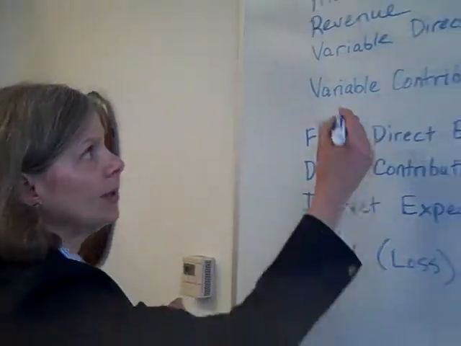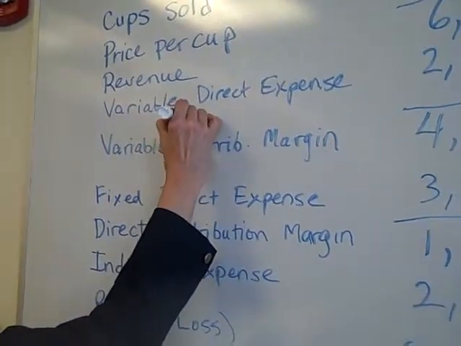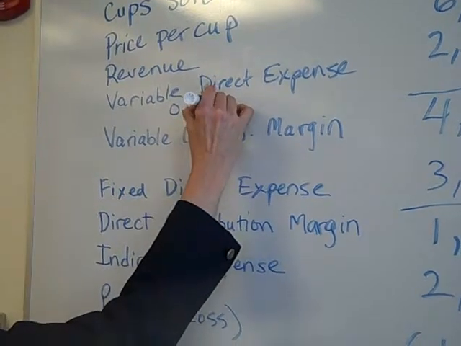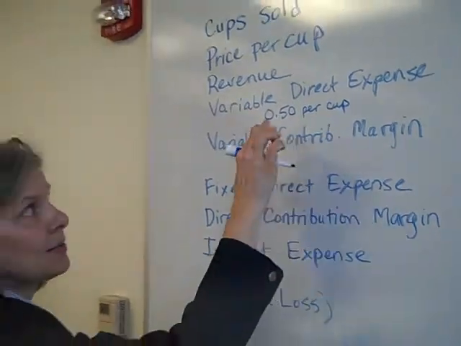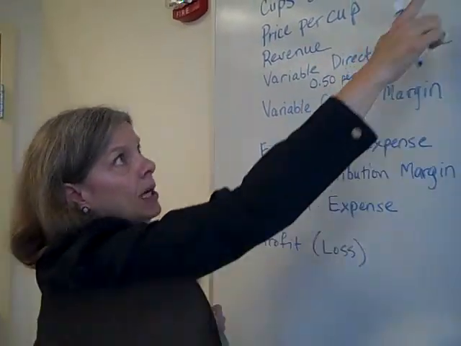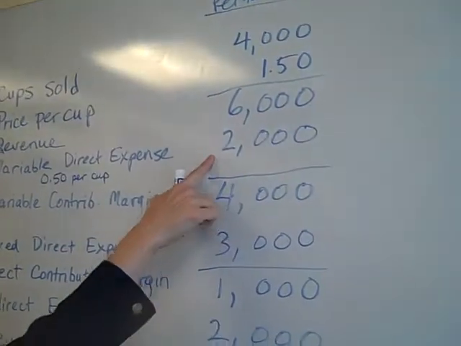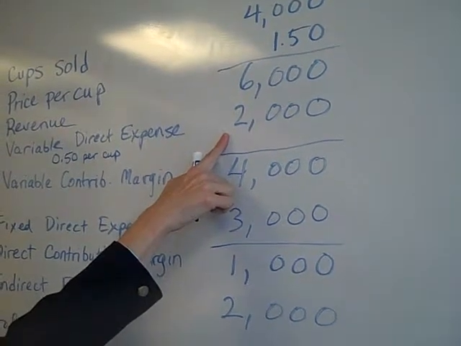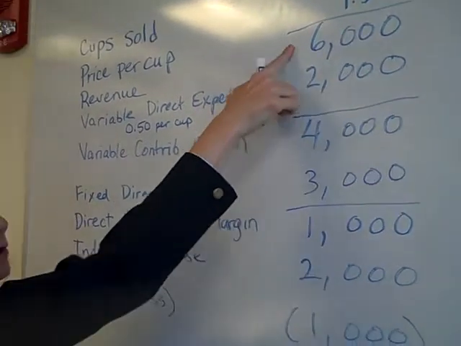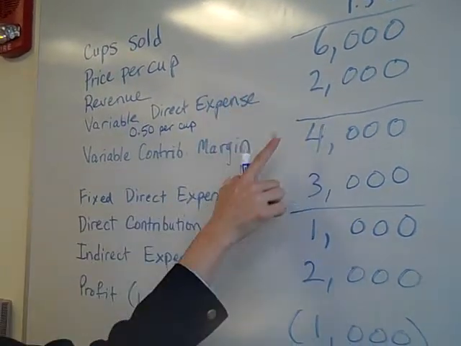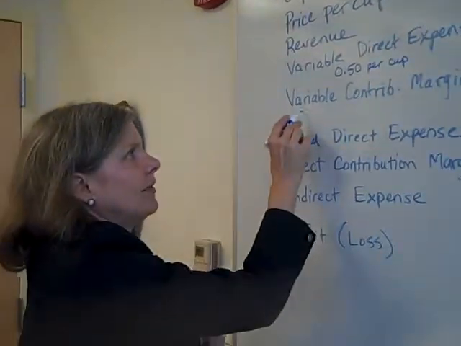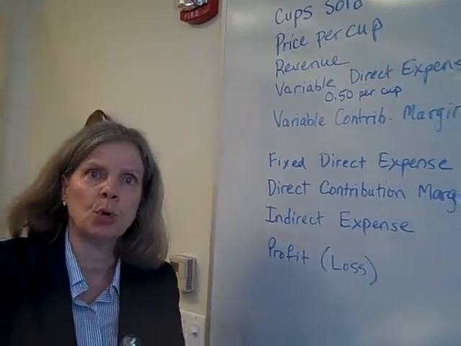And if you remember, the variable direct expense was 50 cents per cup, so the total variable direct expense is 50 cents per cup times the 4,000 cups, which gives us 2,000. When we subtract the 2,000 from 6,000 in revenue, we get what's called a variable contribution margin.